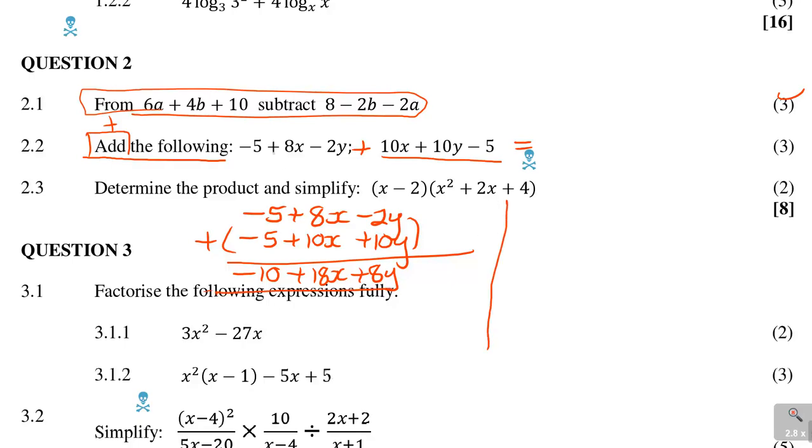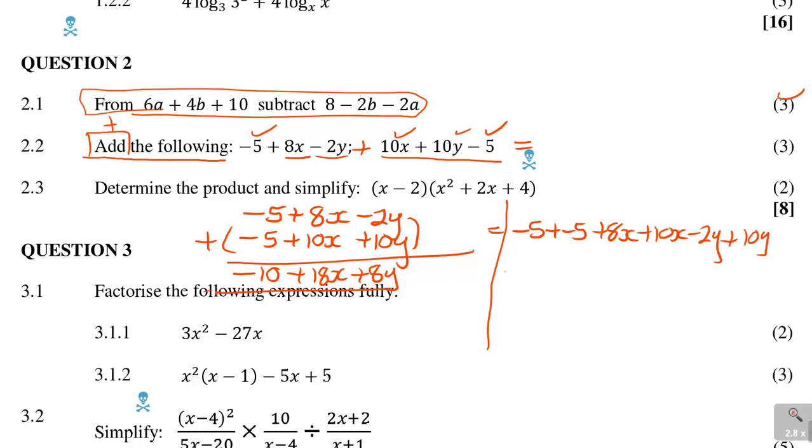But even if you say collect like terms, say minus 5 plus minus 5, you see, collecting those like terms, and then you go to 8x, which is plus 8x. Then the next one is plus 10x. And then minus 2y and plus 10y. This is still the same thing.